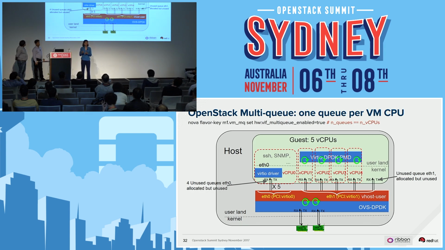And ETH1 on the right has 4 queues, so 1 is unused. This is an example of having unused queues, and you would like to auto balance and not have a vCPU dedicated to these unused queues.